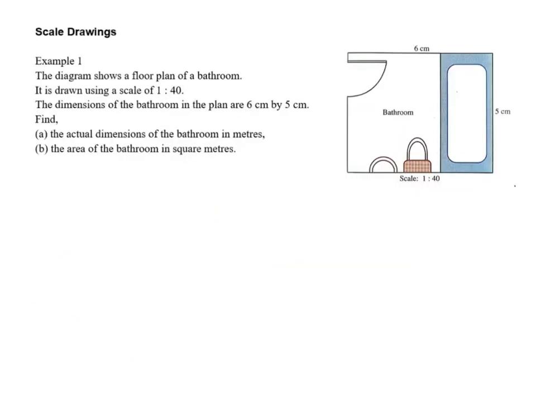The diagram shows the floor plan of the bathroom drawn using a scale of 1:40. So the dimensions of the bathroom are drawn to the map scale, map and actual, 1 cm is to 40 cm. So the dimensions in the plan are 6 cm by 5 cm.